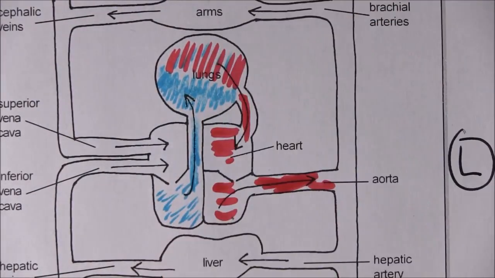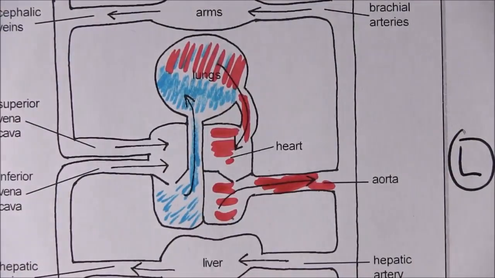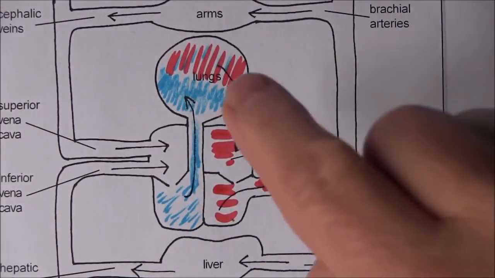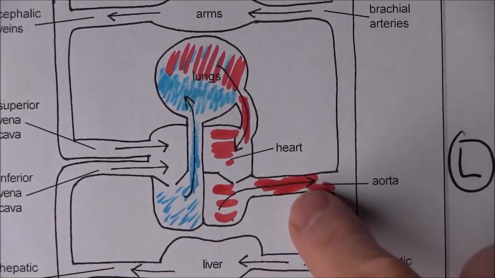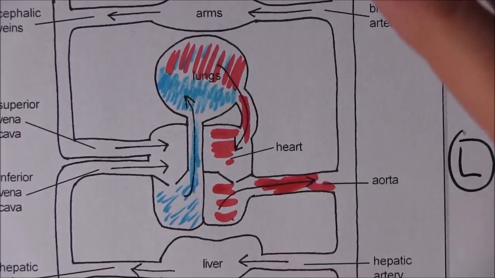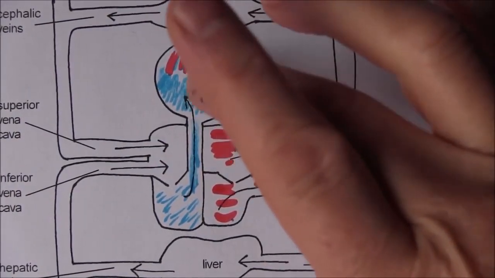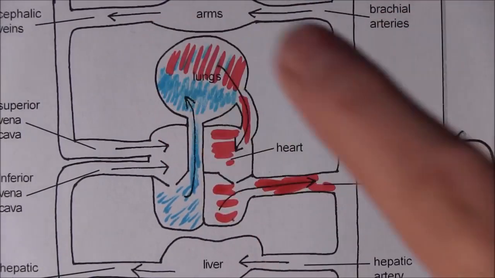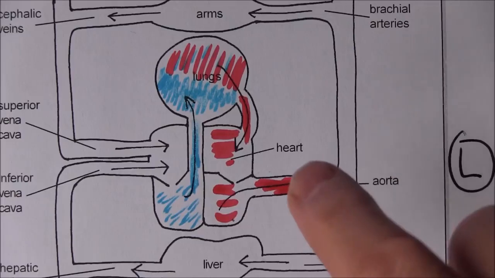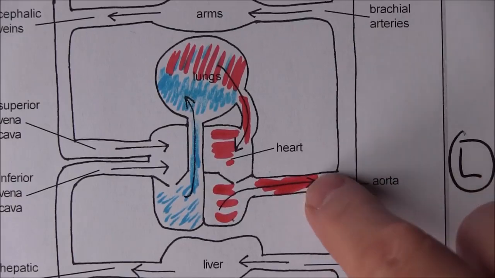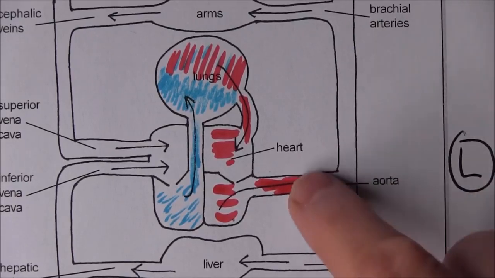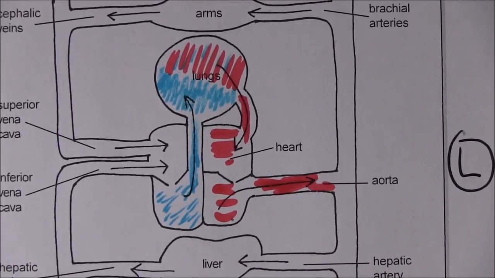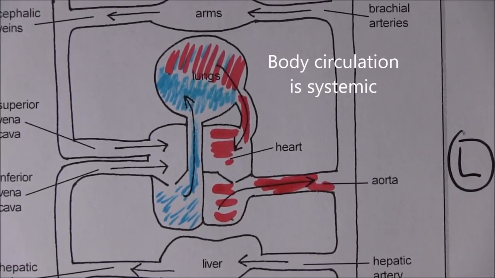So we call the right side of the heart the lung pump. And as we're about to see, it's the left side of the heart that's pumping blood to the body. So all of the blood that goes to the body, apart from the lungs, which we don't count as the body, although it is part of the body, obviously, that's the lung circulation, and we're now talking about the body circulation. All the blood to the body circulation, what's sometimes called the somatic circulation, goes via the aorta.